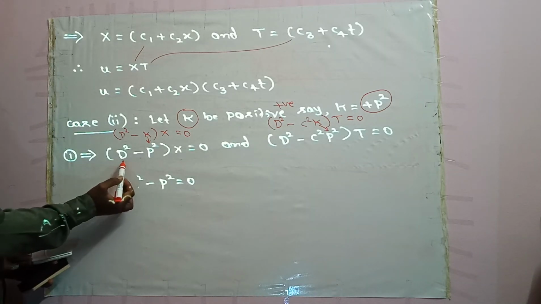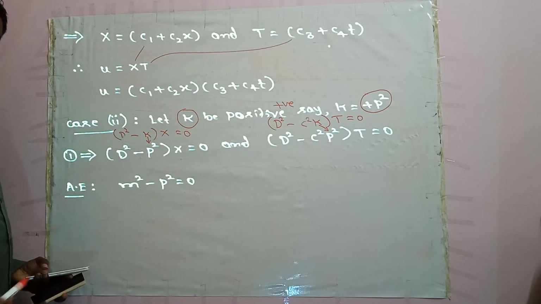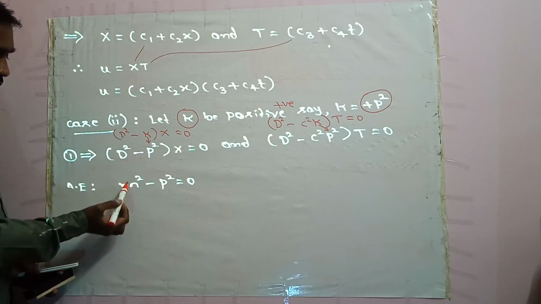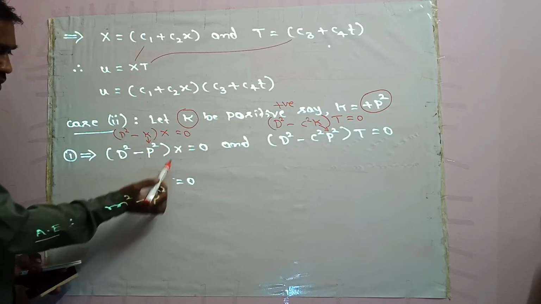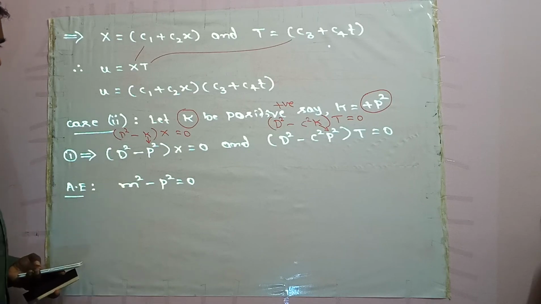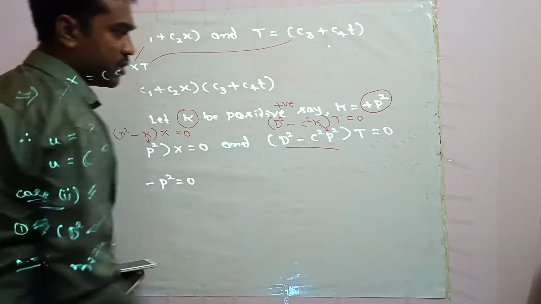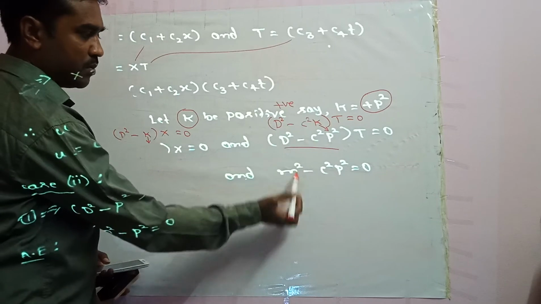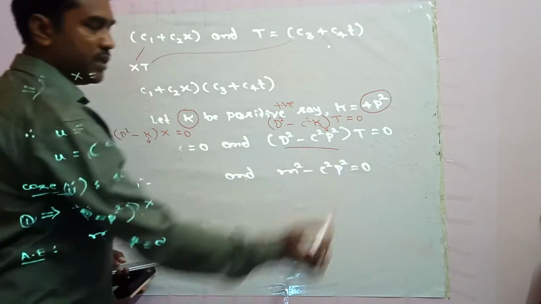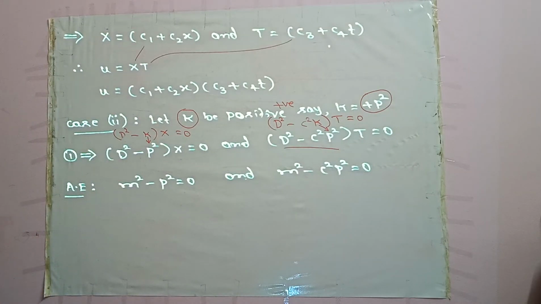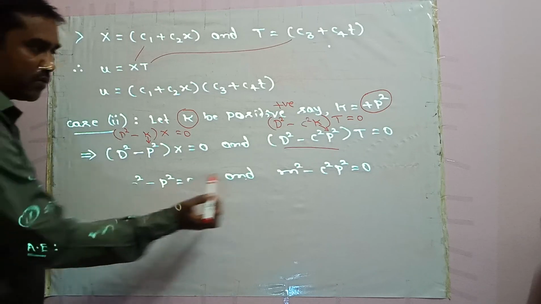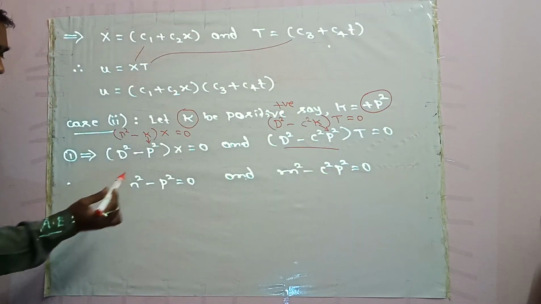Now let us write the auxiliary equation by replacing d square by m square minus p square. We neglect x while writing the auxiliary equation. What we get? m square minus p square is equal to 0. And m square minus c square p square is equal to 0. We neglect t. Now we need to find the roots of this quadratic equation and this quadratic equation.